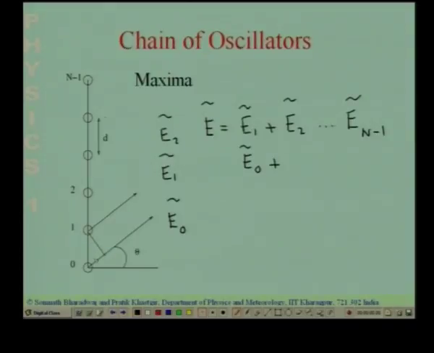So, the path difference is this bit over here, and this will introduce a phase difference. The path difference between the radiation from E0 and the radiation from E1 is d sin theta, and this will introduce a phase difference 2 pi by lambda d sin theta, and this phase difference I am going to call 2 alpha.